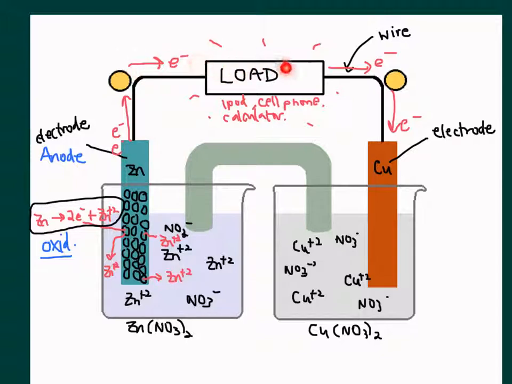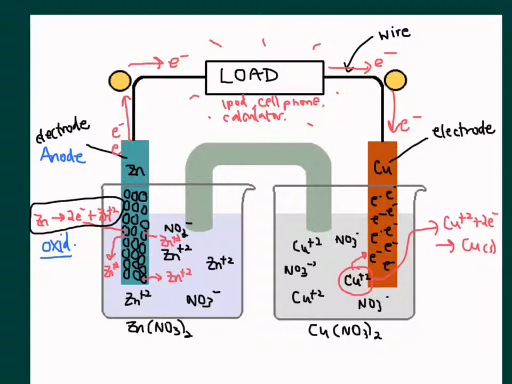The electrons from it flow through the wire, through the load, into the copper, where they build up on the surface of this copper electrode. So you're going to find that your copper ions are going to be attracted to those negative electrons, and when they bump up against that, your copper ions are going to gain those electrons to become solid copper.